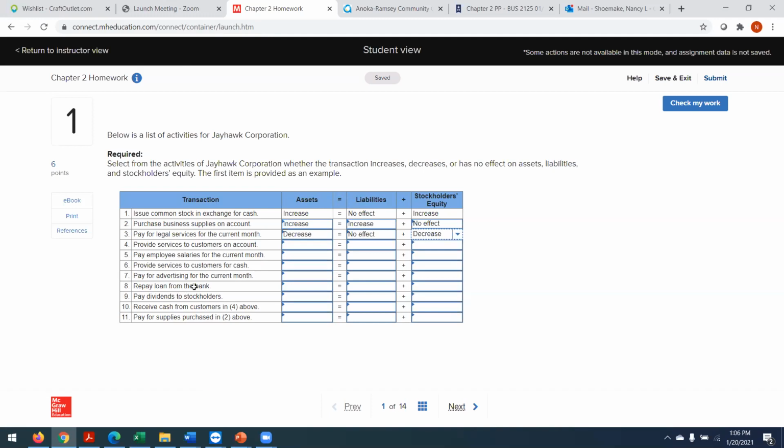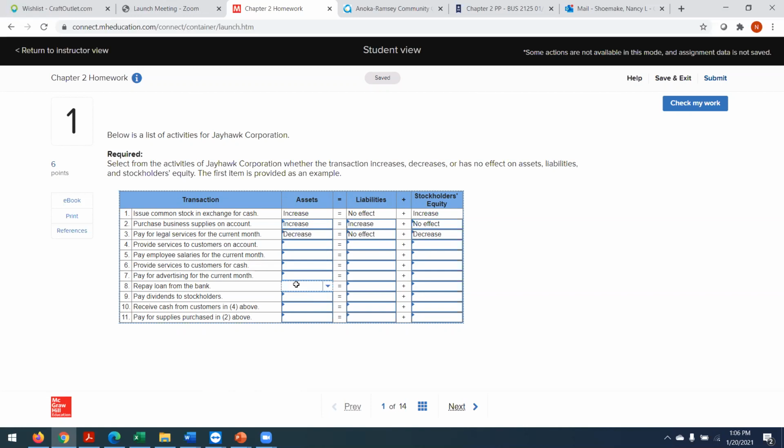Repay loan from the bank. We borrowed money, but now we are paying back the bank. We owe them something. We are paying them money. What do we pay them with? Cash. Asset. Cash.